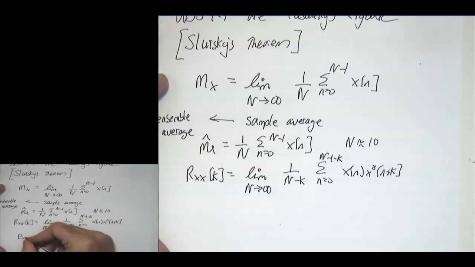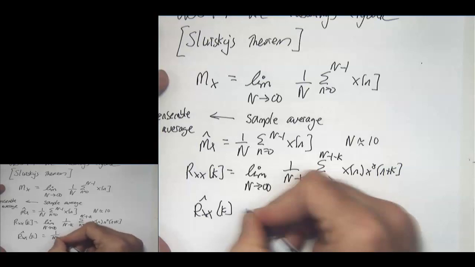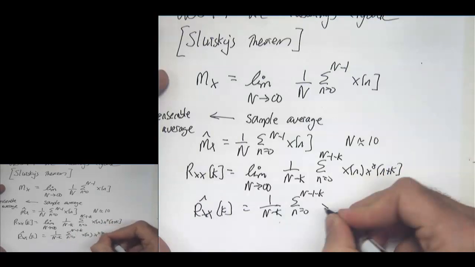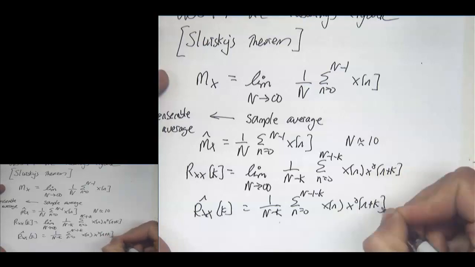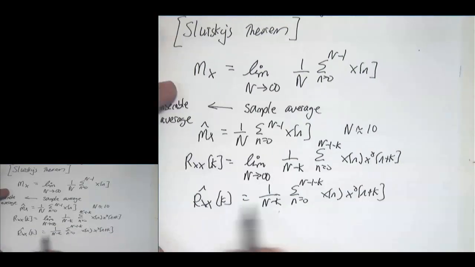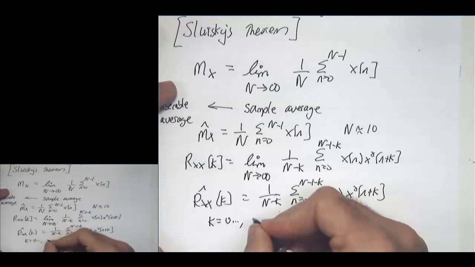So we can use rxx hat as 1 over n minus k, sum from n equals 0 to n minus 1 minus k, x of n, x star of n plus k as our estimator. Notice that this is only going to be good for n from 0 to n minus 1.